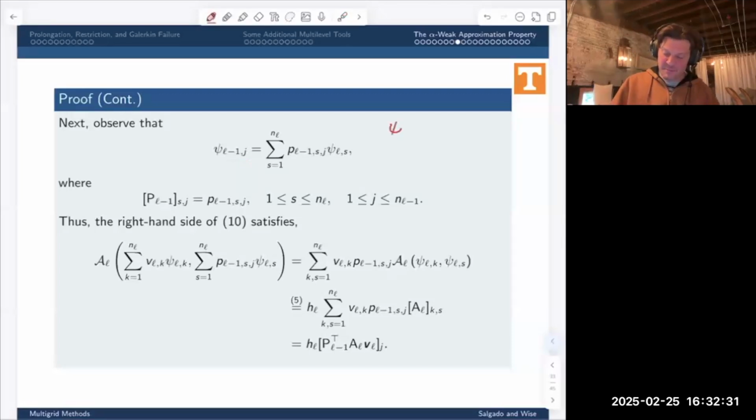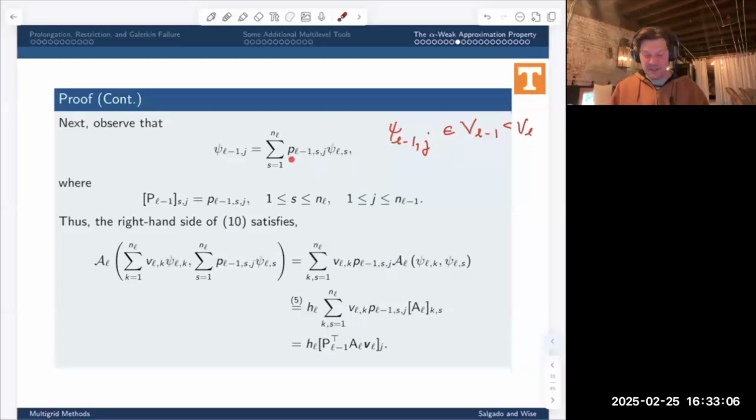So why is this true? It's true because each one of these functions is in VL. If you do it in two steps, first of all, we recognize it's definitely in VL minus 1, and this is a proper subspace of VL. So of course it's definitely in VL. Obviously any function from that space has a basis expansion in that space, and that's all I'm doing.